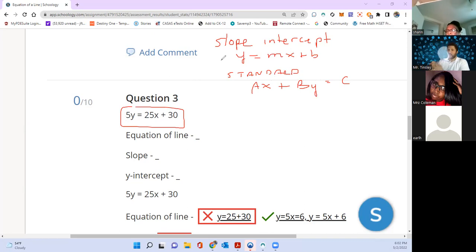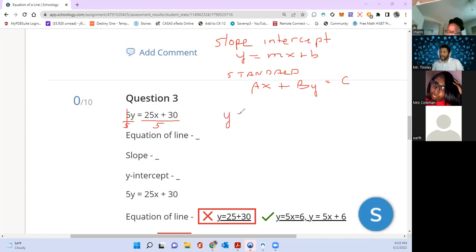But what we do notice is that if I want to get y by itself, I can divide both sides by 5. Whatever we do on one side, we do on the other. So these two 5s cancel.